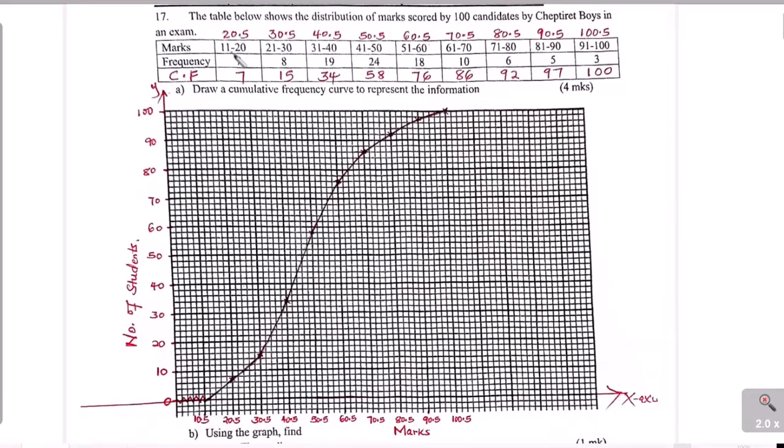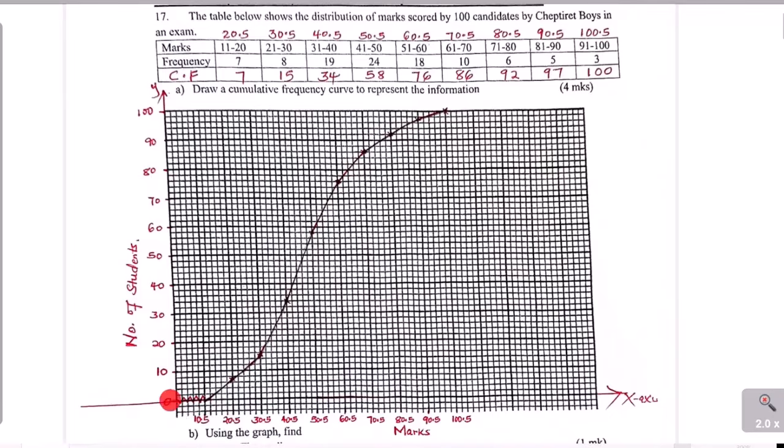You can see the first class begins from 11. So when you're drawing your cumulative frequency curve, you can start slightly below that. That is why I've started from 10.5, and then I've used the scale of 1 centimeter to represent 10 marks.